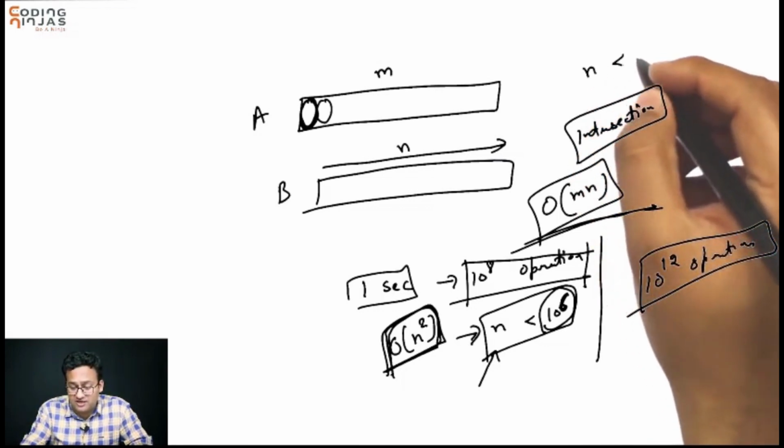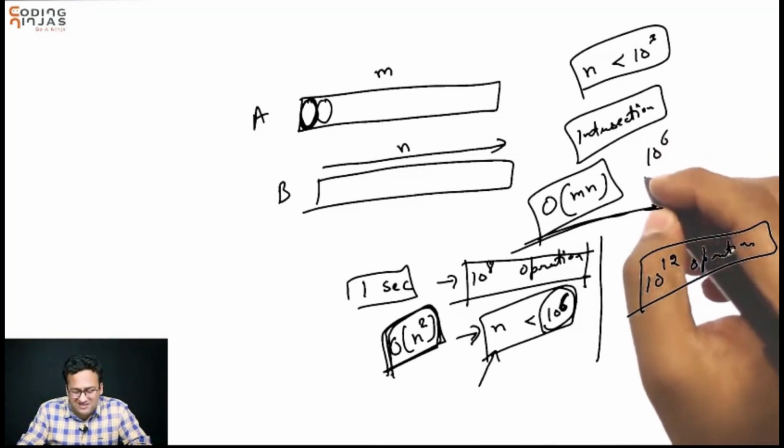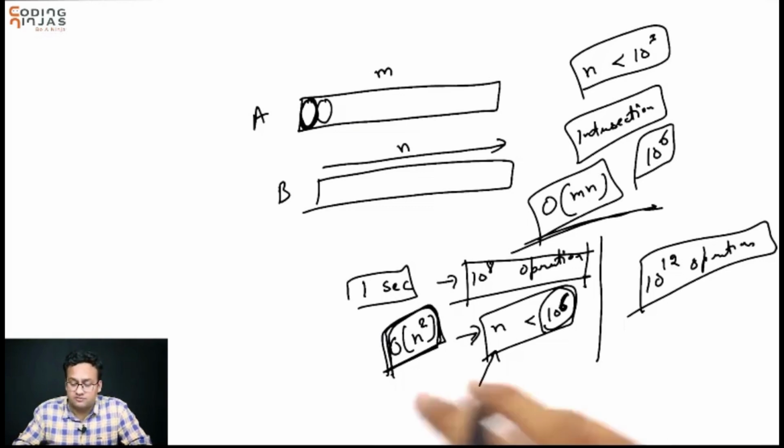Here, if it had been 10 to the power 3, I would have been sure that n square will work fine. For 10 to the power 6, n will work as well as n log n. That's how we can get some idea of whether a solution is good enough or not.